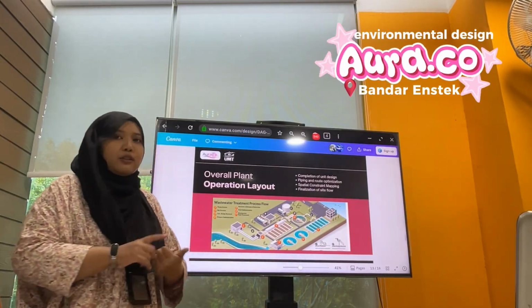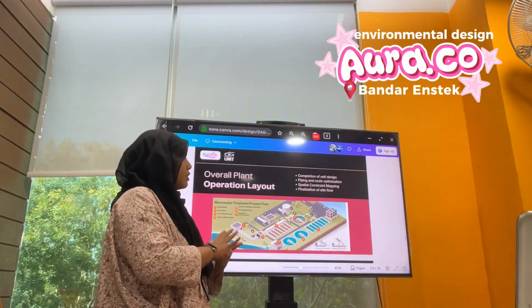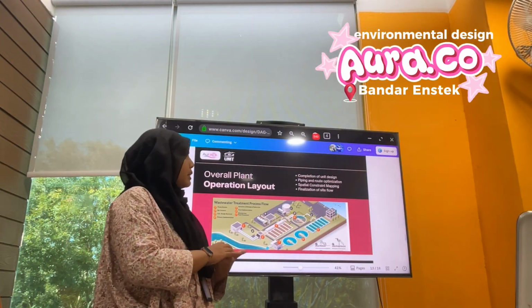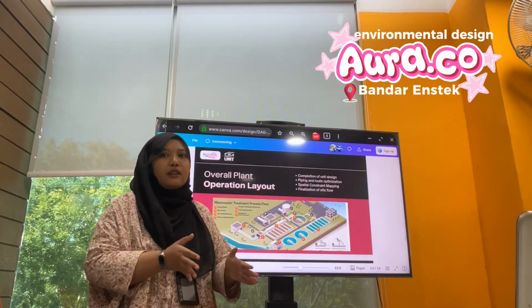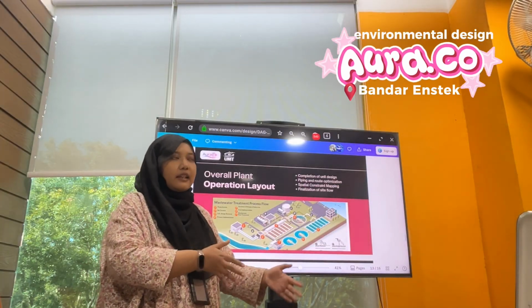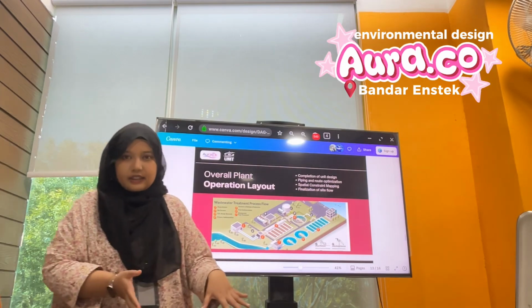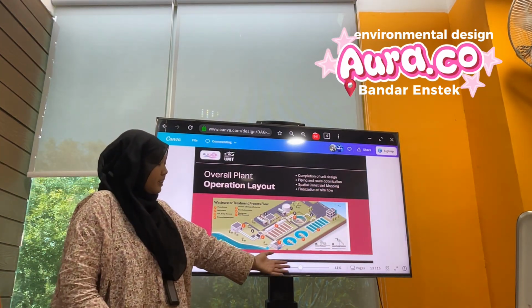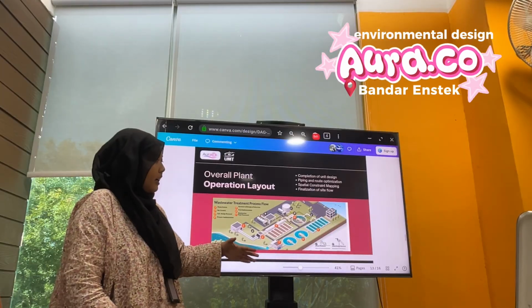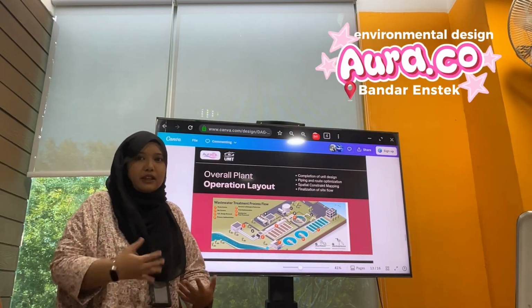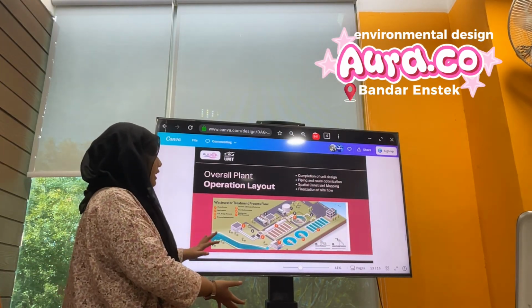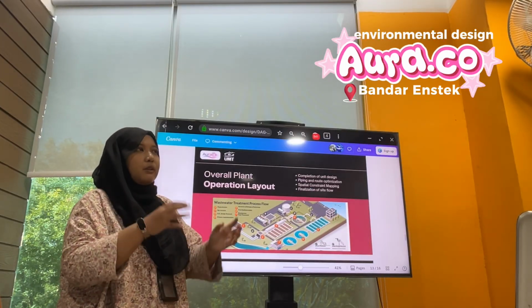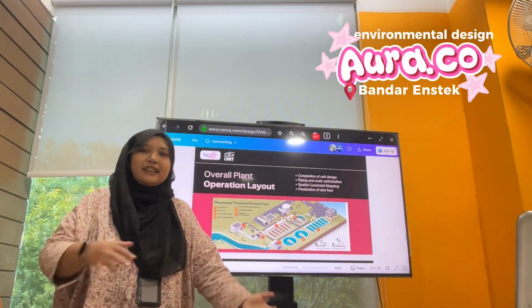But before that, we need to make sure that we have the smoothest and clearest piping route, and also that our treatment plant fits into the designated area that we have decided for Bandar Aura and Start. As we can see in this picture, this is the idea or reference that we may use in our overall plan operation layout that we will share in our final report.